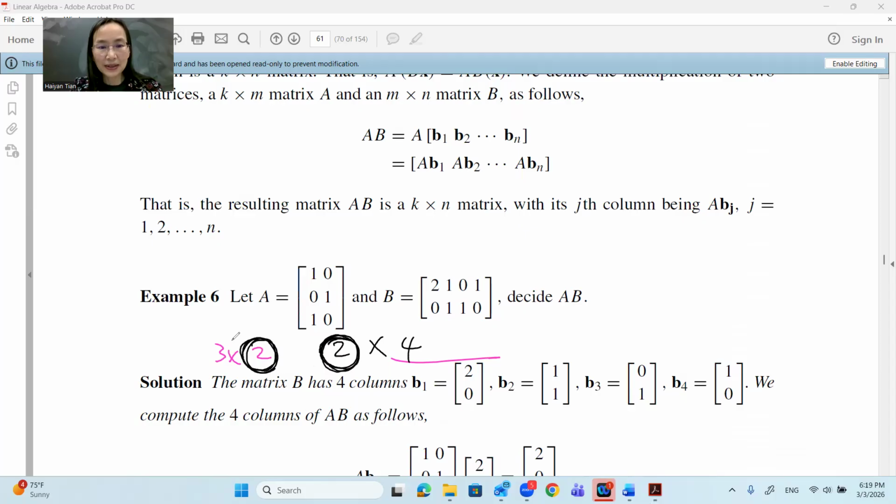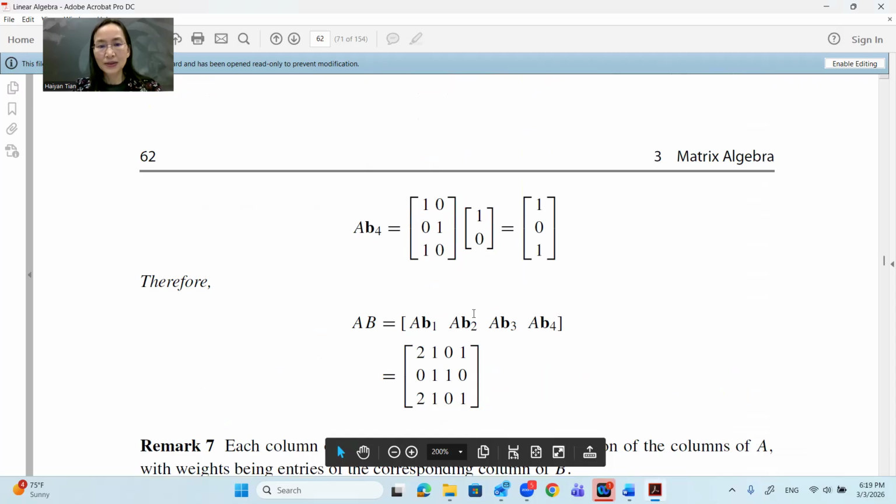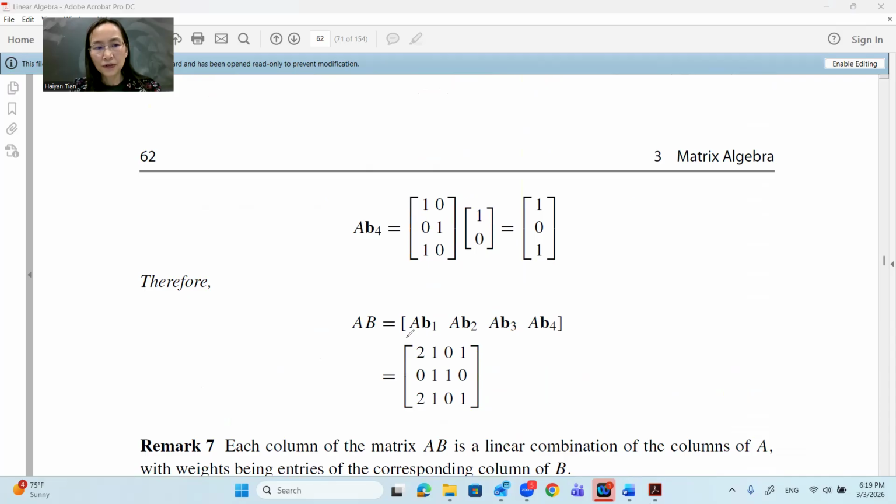As a result, we get 3 by 4. The resulting matrix, AB, is a 3 by 4 matrix. So 3 rows, 4 columns.